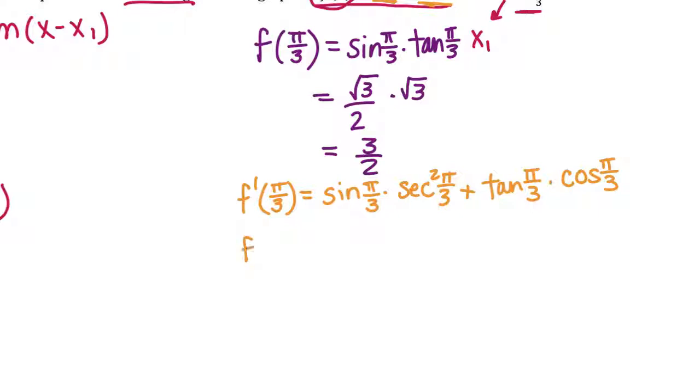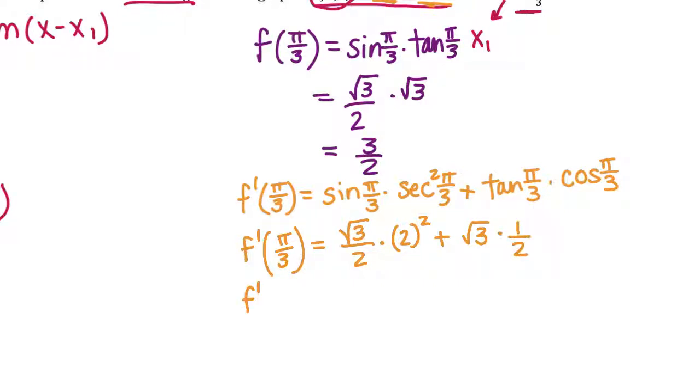So we have f prime at pi over 3. Sine at pi over 3 is root 3 over 2. And times secant at pi over 3, which is going to be 2, so that's really 2 squared. Plus tangent at pi over 3 is root 3, times cosine at pi over 3 is 1/2. And so this is a terrible looking mess.